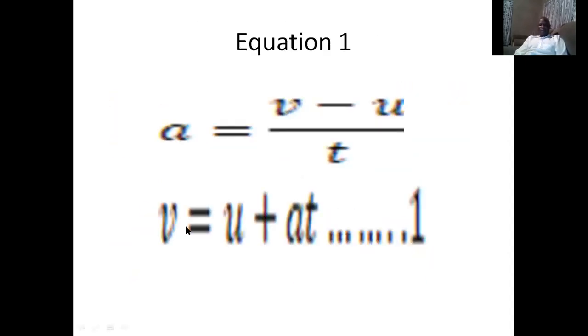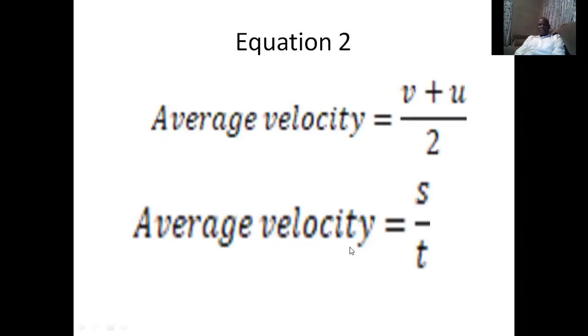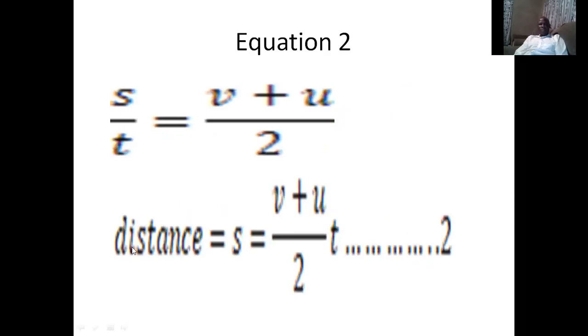First of all, equation 1, as we indicated, is final velocity is equal to initial velocity plus acceleration times time. The second equation is displacement is equal to final velocity plus initial velocity over 2 multiplied by time.